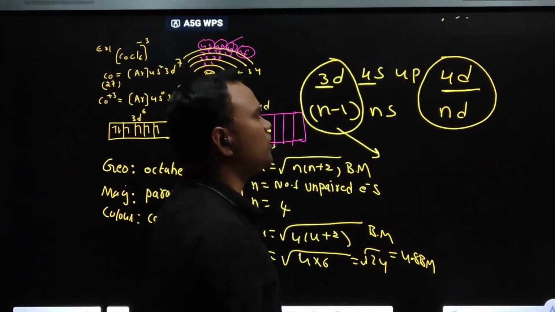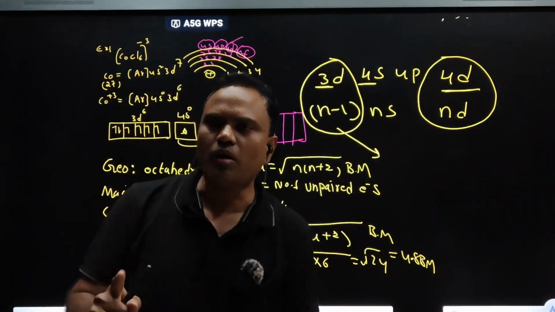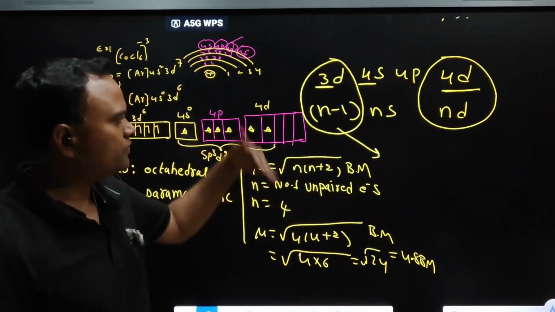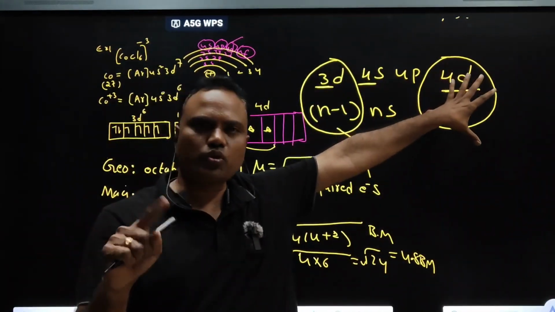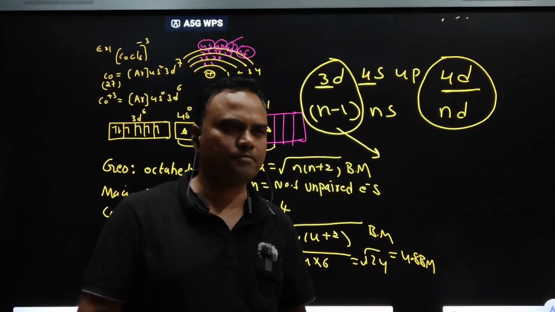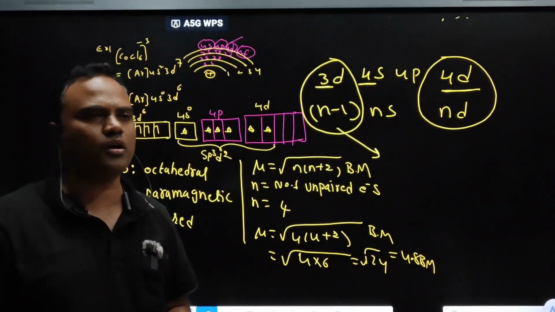If you use 4d orbitals, the complex is called an outer orbital complex. You are going to another energy level. When you use 4d orbitals in any complex, that is called an outer orbital complex. When you use only 3d orbitals, that is called an inner orbital complex.